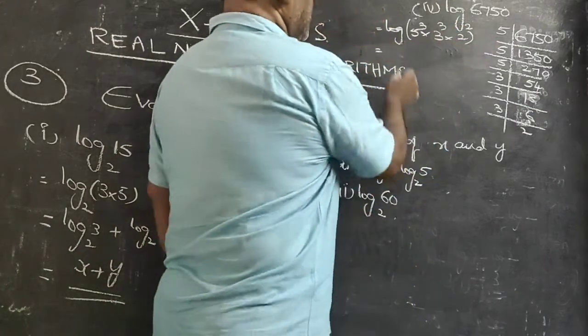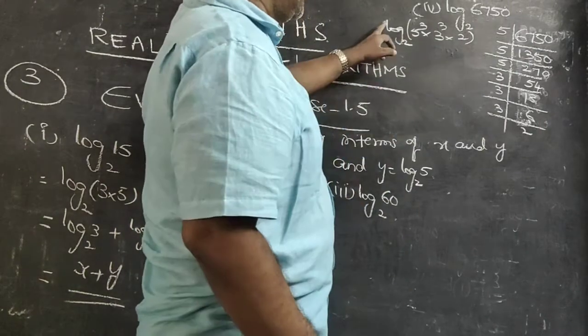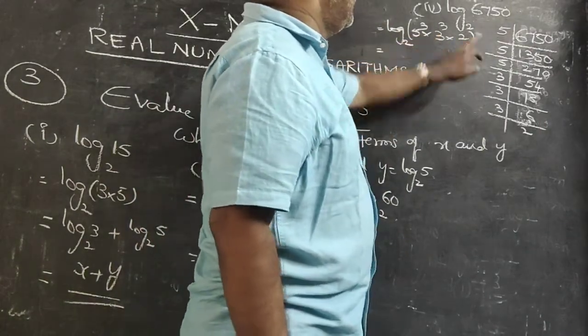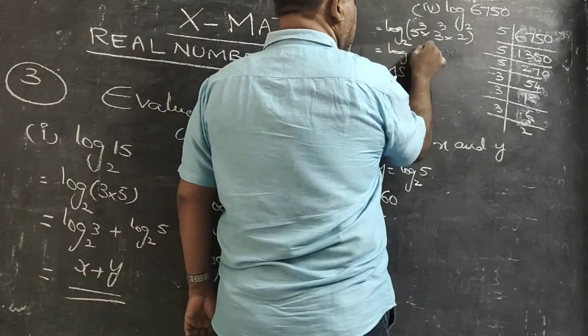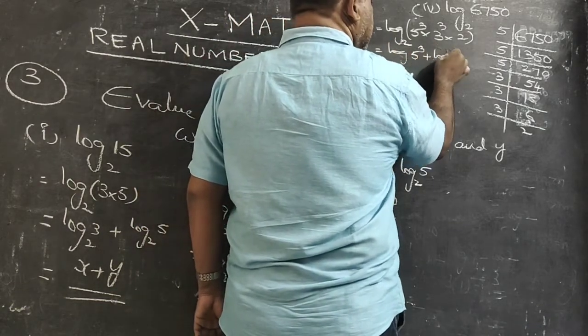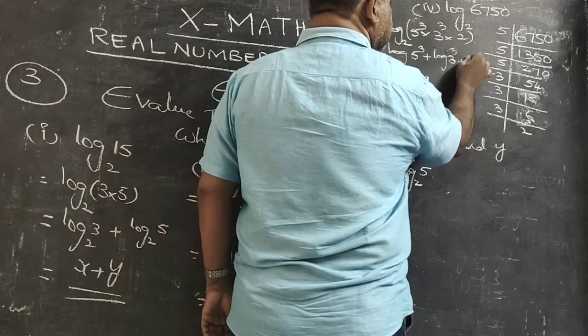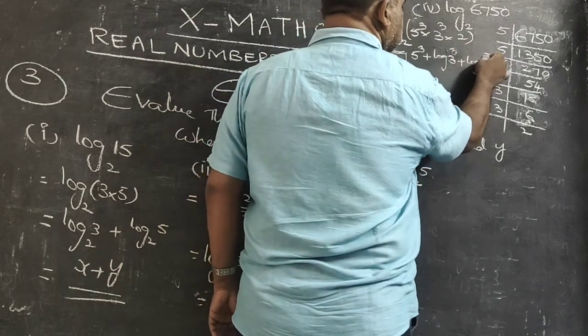Now this is in the form of log a into b into c. Log a b c is equal to log a plus log b plus log c.